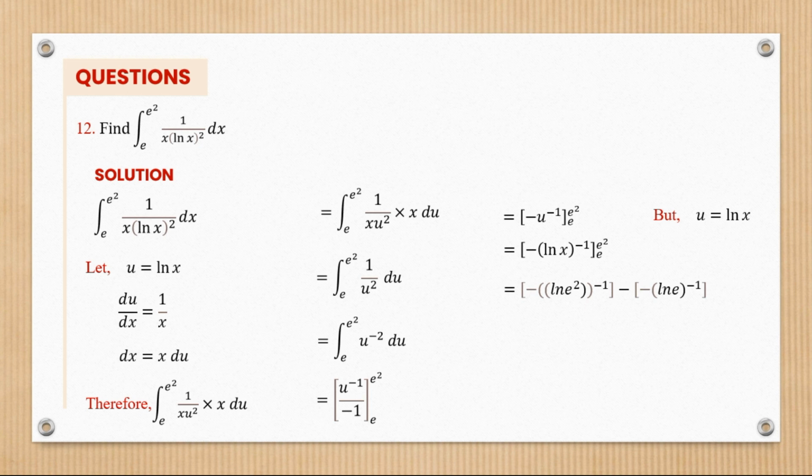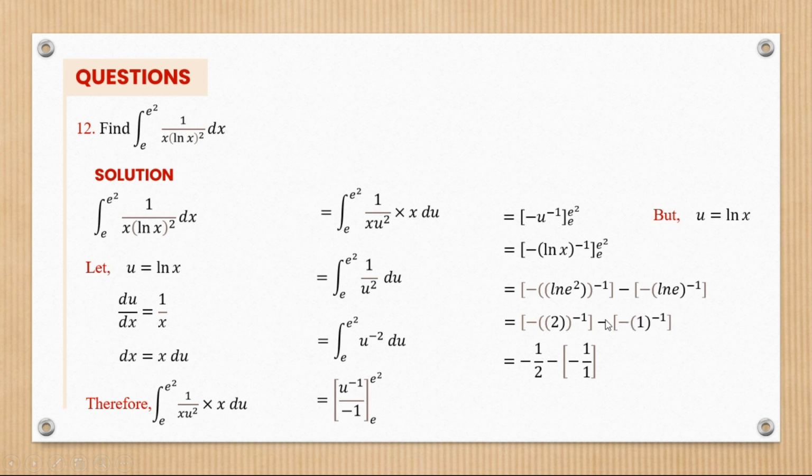Remember from our knowledge of natural logarithms that ln of e to the power 2 leaves us with just the power. So ln of e squared is 2, and ln of e alone is 1. Now 2 to the power negative 1 is basically a half, so we have negative a half, and then 1 to the power negative 1 is 1 over 1, which is 1, so we have negative 1.